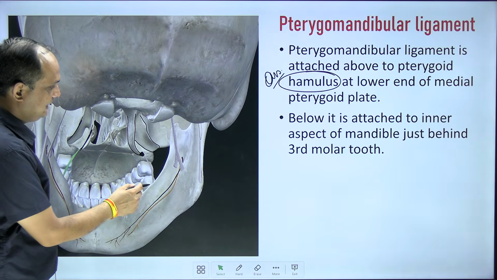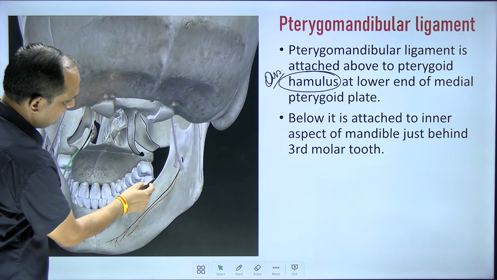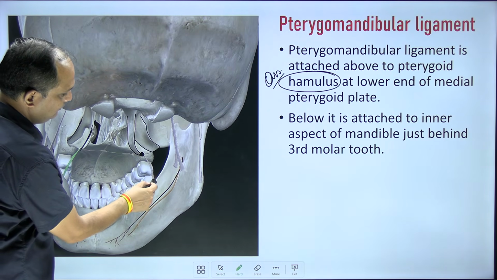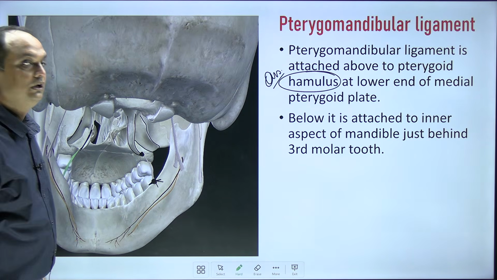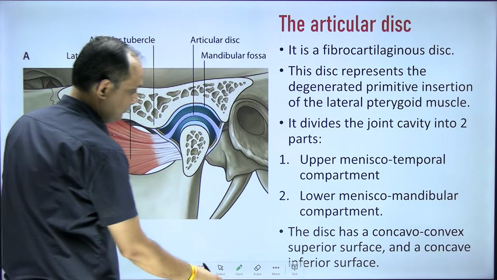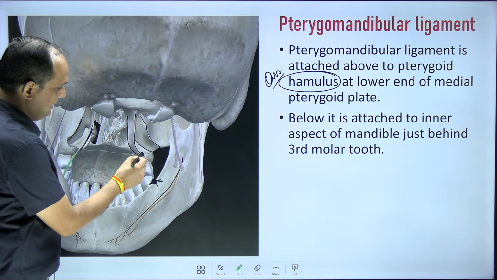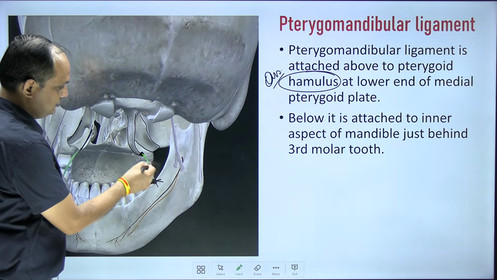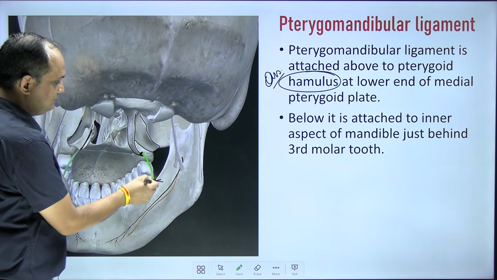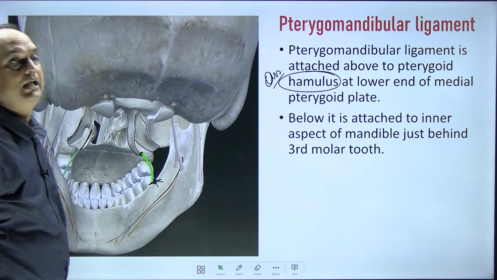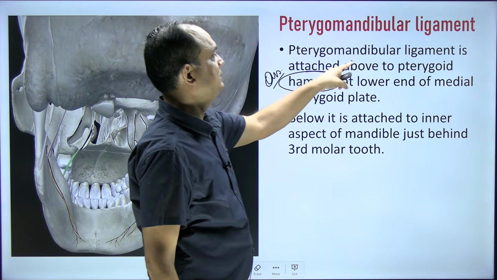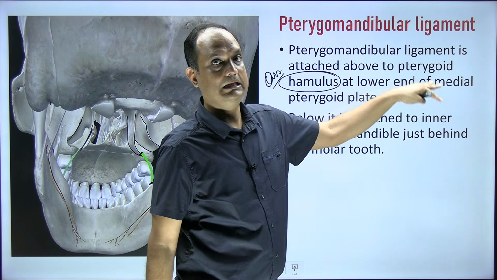Here you can see the mandibular teeth. Behind this third molar tooth, at this point, you have a band. This band connects the hamulus to this part of the mandible, and it is known as the pterygomandibular ligament.